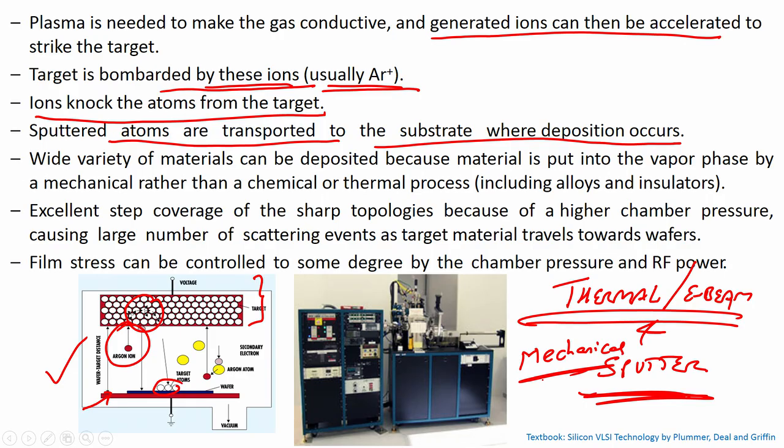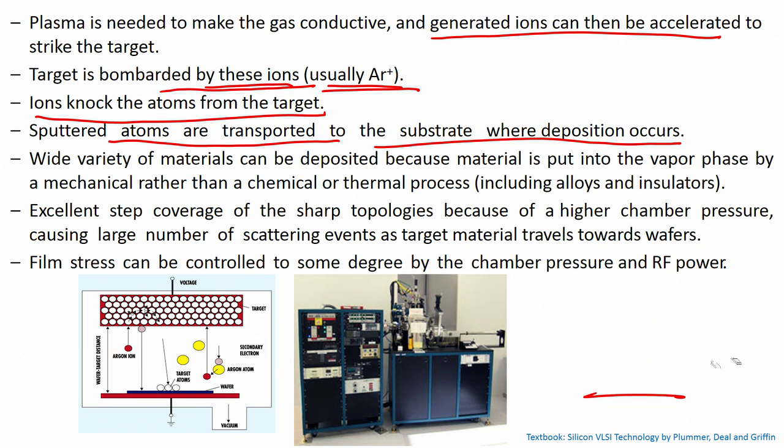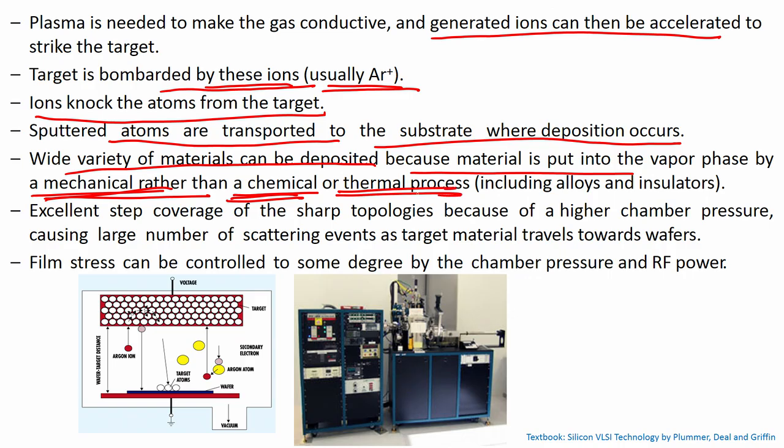This is the mechanical way of dislodging the atoms, and that is why this is also called a mechanical way of depositing the film. So, a wide variety of materials can be deposited because the material is put into vapor phase by a mechanical rather than a chemical or thermal process.